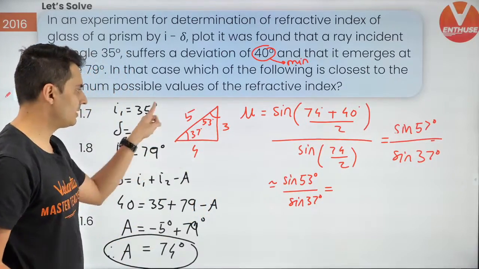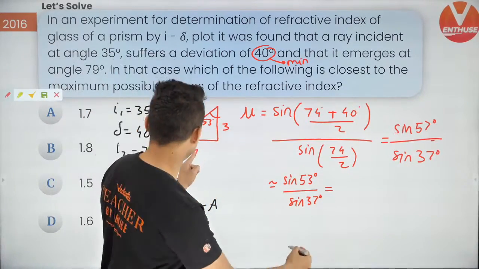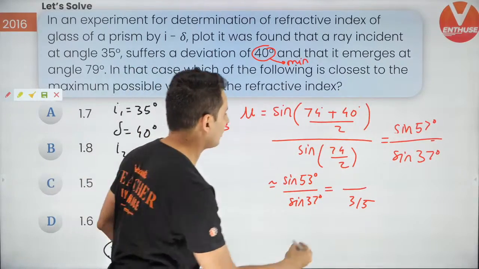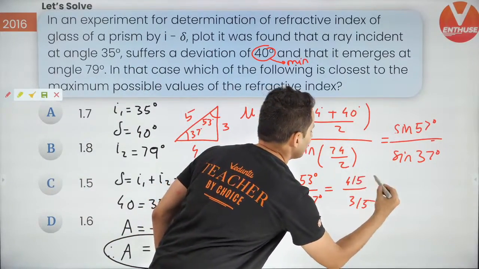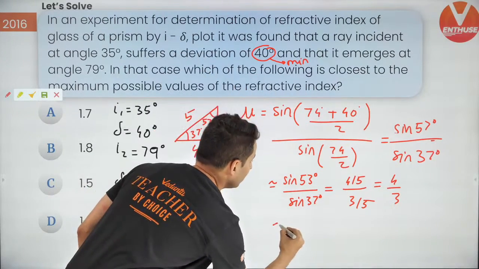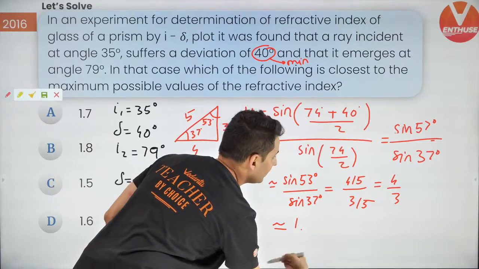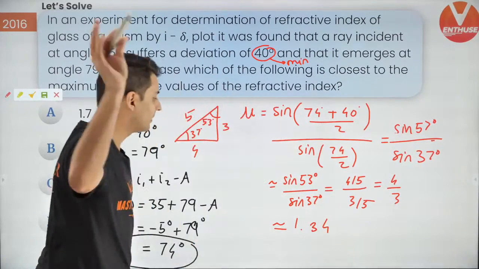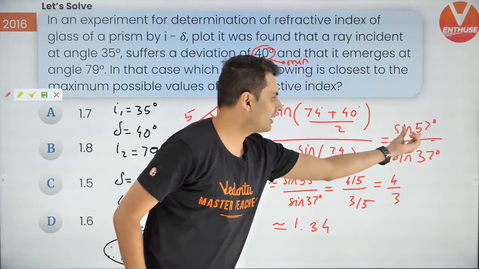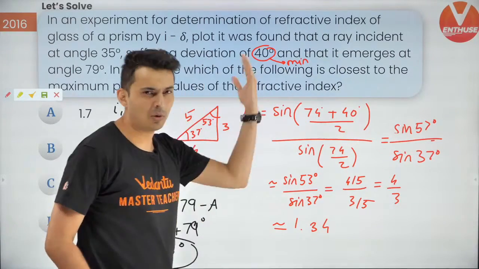I have told you to remember this special triangle. So sine 37 is 3 by 5 and sine 53 is 4 by 5. So this will become 4 by 3 because 5 will cancel out, and this will be 1.34 approximately. Because we had calculated sine 53, sine 57 will be slightly more, so slightly more than 1.33 it will be.